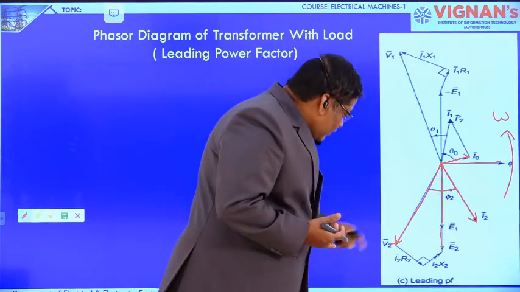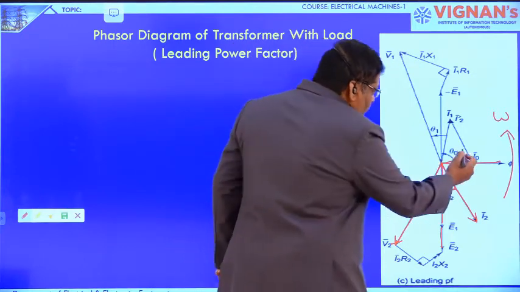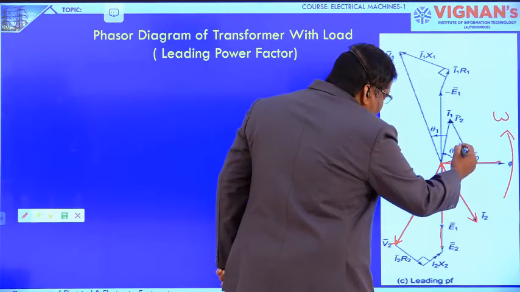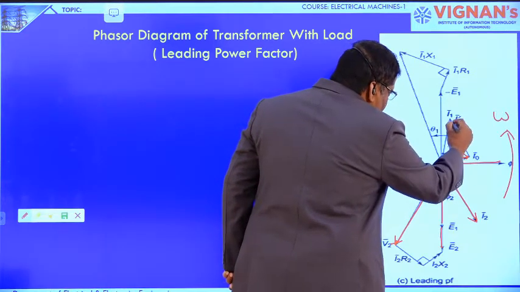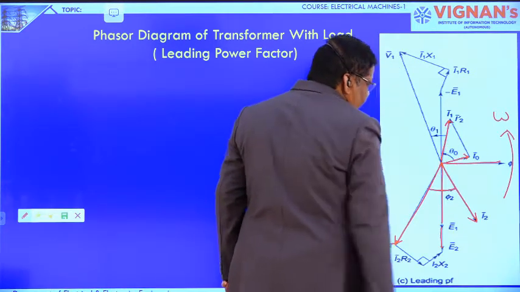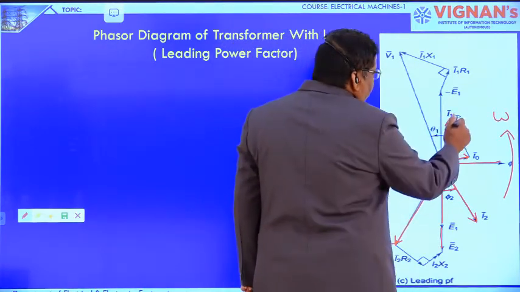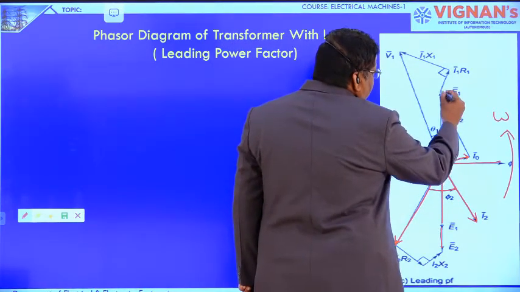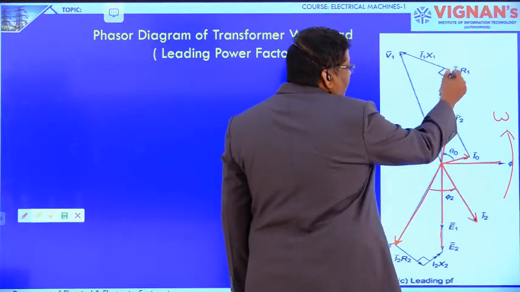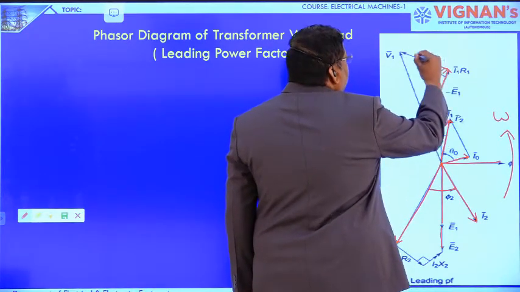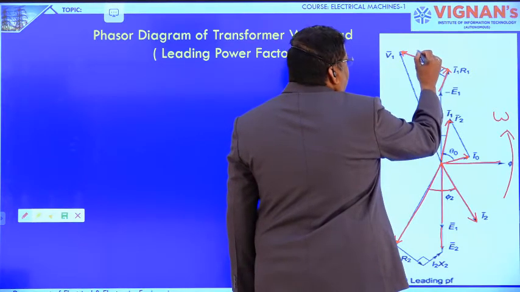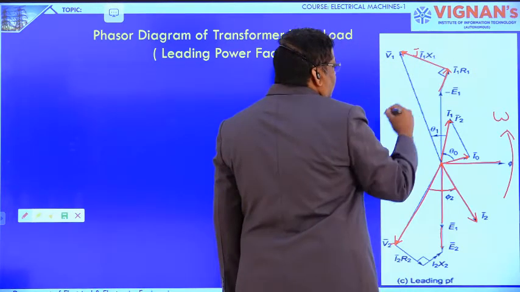So I2, this is V2. Now for this one you have to add the I2 R2 dash, so that we are getting the I1 here. Once we found the I1 value, then I1R1. This is I1R1. Perpendicular to this one, you draw a jI1X1.